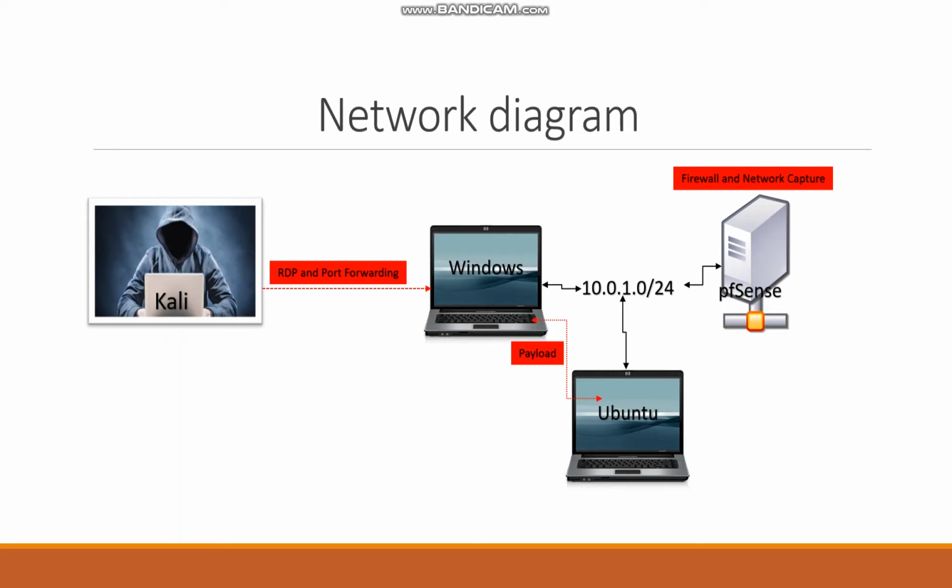Here pfSense monitors the traffic going in and out and can see the communication when Kali connects to Windows, which then connects further to the Ubuntu. The attacker will generate a payload from Kali and send that payload to the Ubuntu through Windows, from where we can get access to the machine.